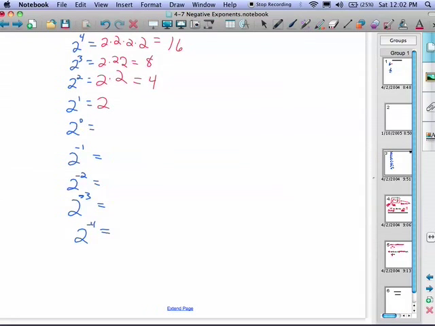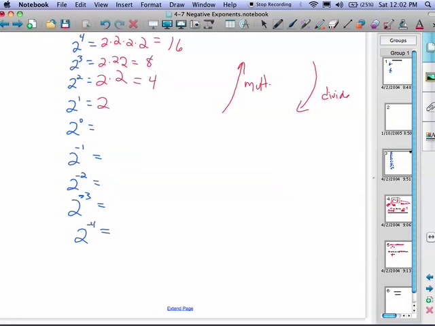Now, remember, when we looked at this with patterns, when we did it with the 3's at the very beginning of this chapter, we noticed that going up a level, we multiplied, and to go down a level, we divided.